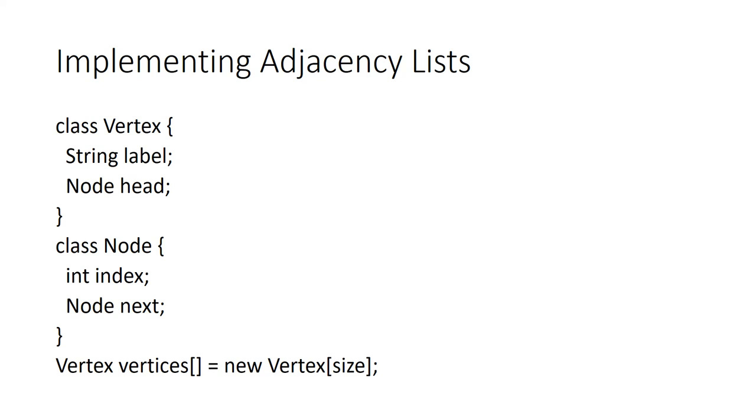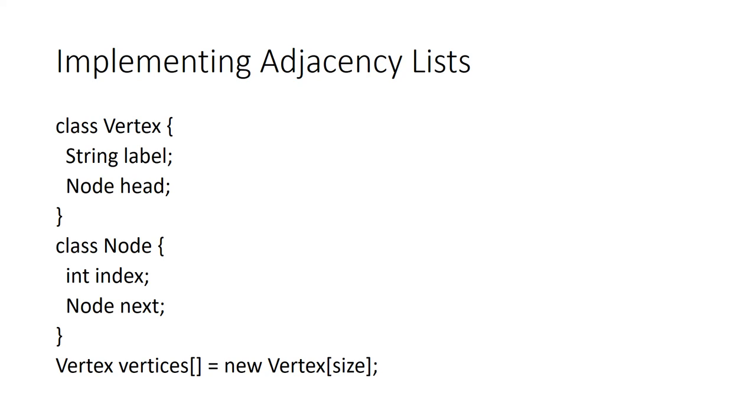Implementing the list is a little bit more involved. Here are some basic data declarations that you might use in a Java-like language. For instance, I have a class called Vertex, and it has a label, and I've made the label a string here. I could have other sorts of information with my vertex, but we're not really going to worry too much about that at the moment.